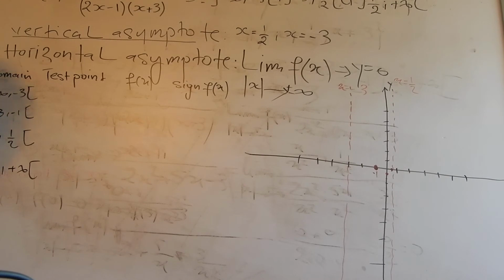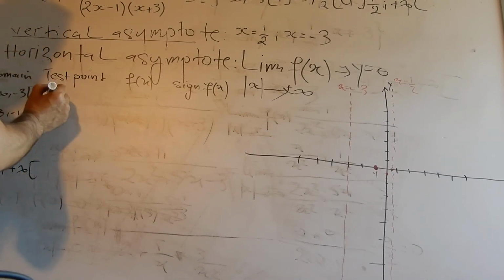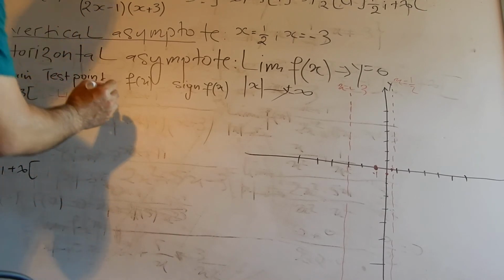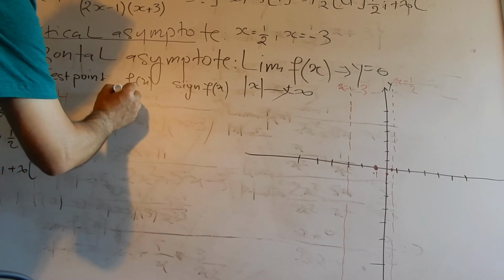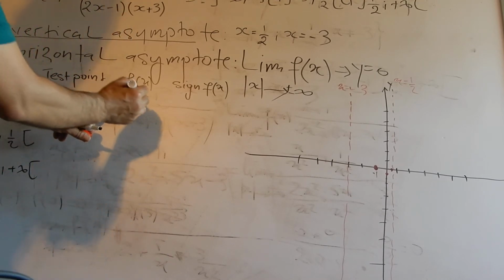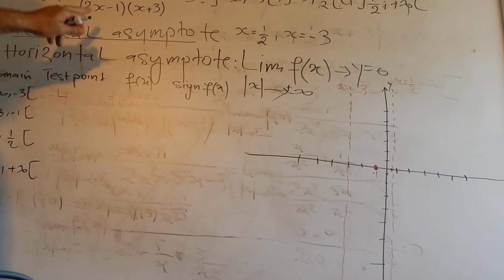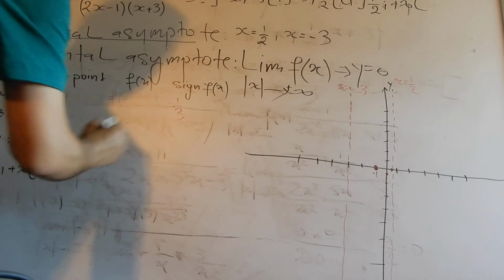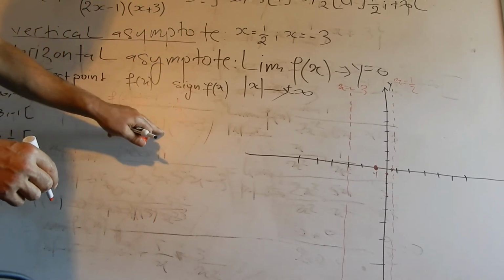So I'm going to pick the first point, for example a point that belongs to this interval. First point is, for example, minus 4. So I'm going to calculate f of minus 4, replacing x by minus 4. It gives me minus 1 over 3, so this is negative.